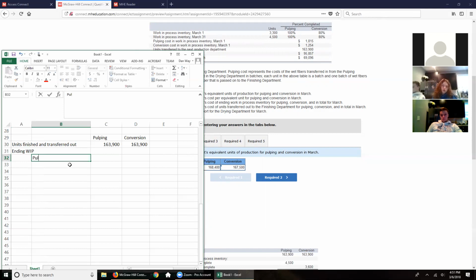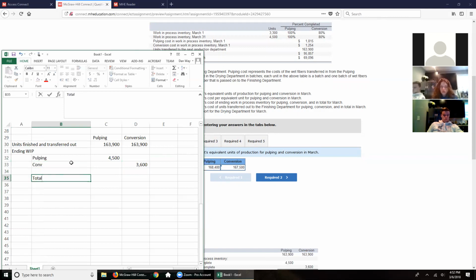So we do them on separate lines. Pulping: there are 4,500 physical units, and they're 100% done, so equivalent units would be the same 4,500. For conversion, it's 4,500 physical units, but they're only 80% done at the end of the month. So that's 3,600 equivalent units.